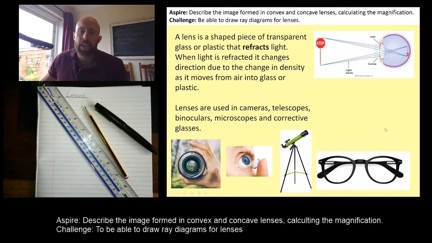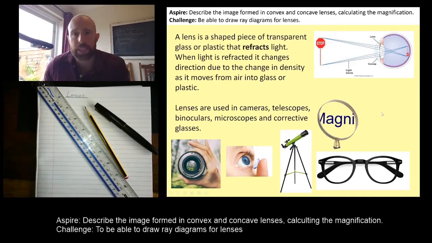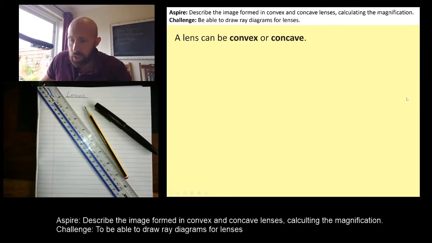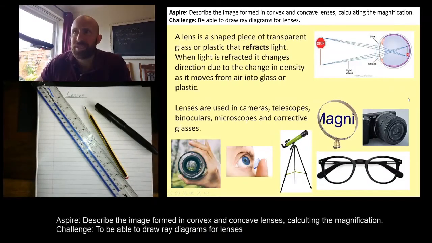Glasses, again, like a contact lens, are used to correct vision in order to change the focal length of whatever you are seeing. A magnifying lens is used to make things bigger, so you can look at an image and it can appear larger. So that's another use of lenses. And cameras, and there are loads more, but they're just some of them.